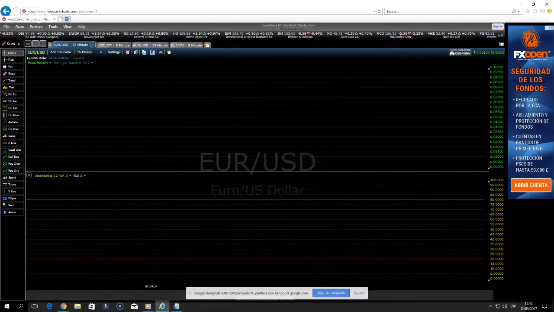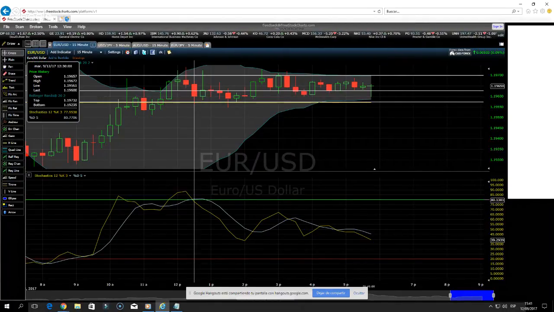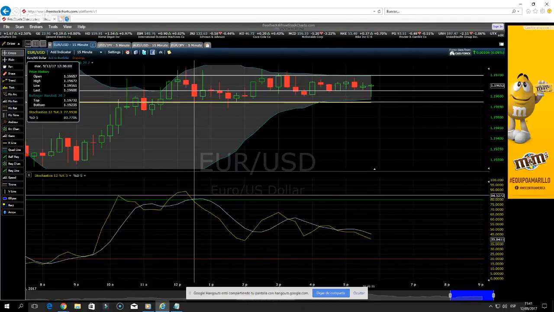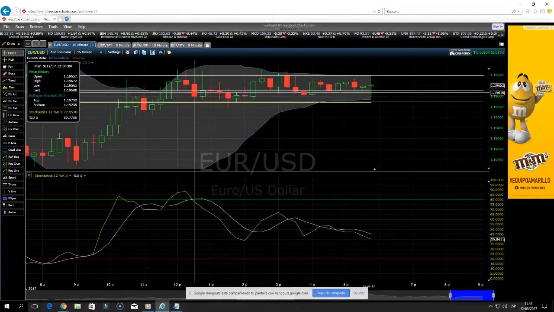Let me see. Euro USD. Perfect. This one looks great. So as we can see in this part right here, and can you guys see my mouse, by the way? The yellow line had a huge drop, and it got across the red line. So you can see that this was a put, and it was in the money, deep in the money.